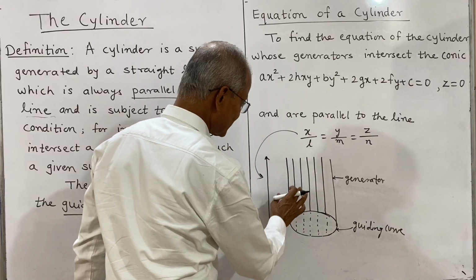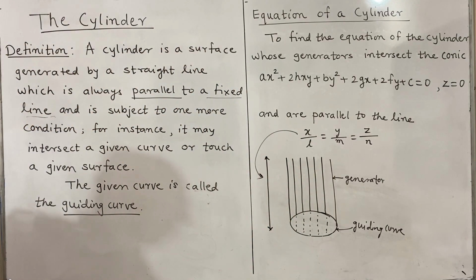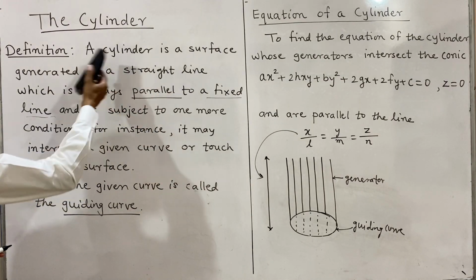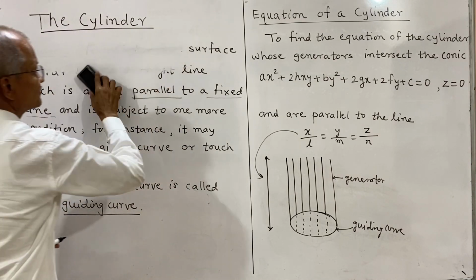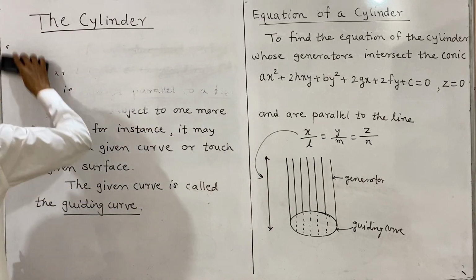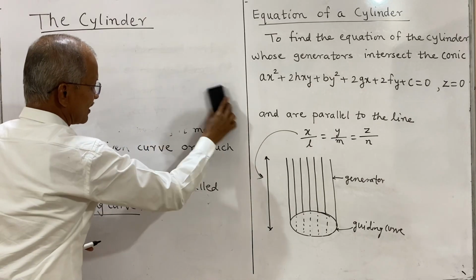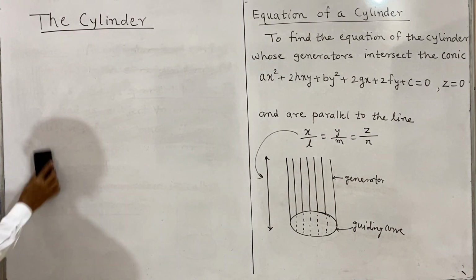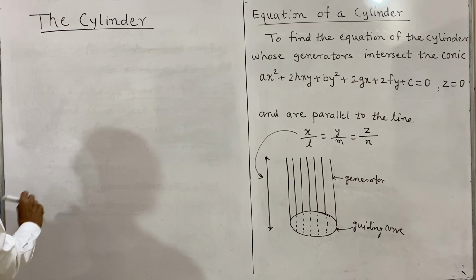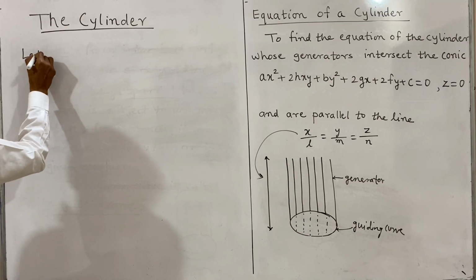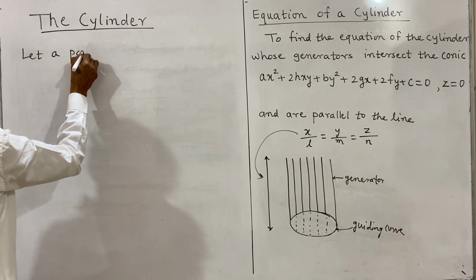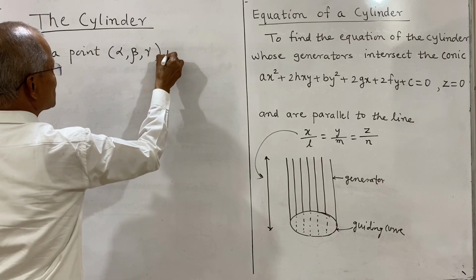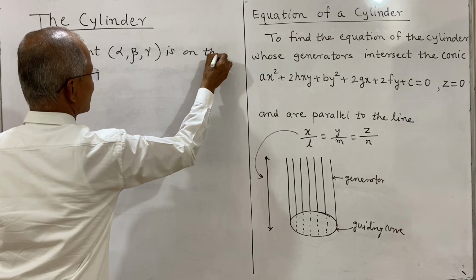For that purpose we shall take a point (α, β, γ) on this surface, that means on the cylinder. Let the point (α, β, γ) be on the cylinder.